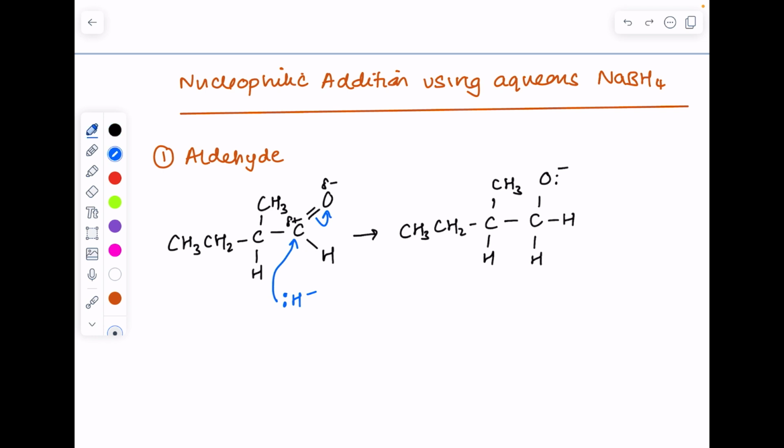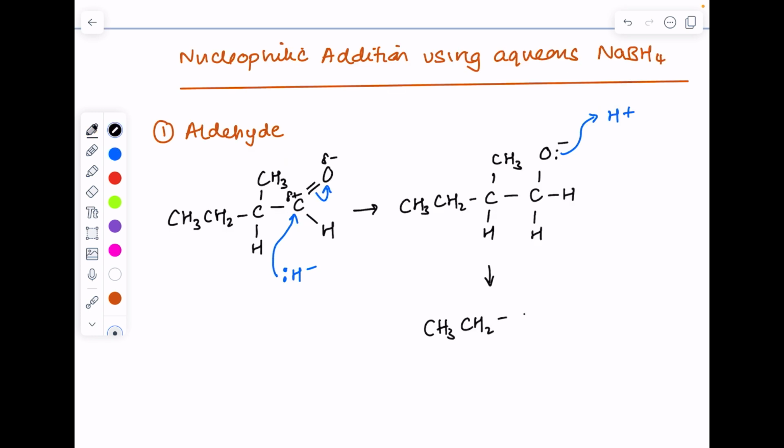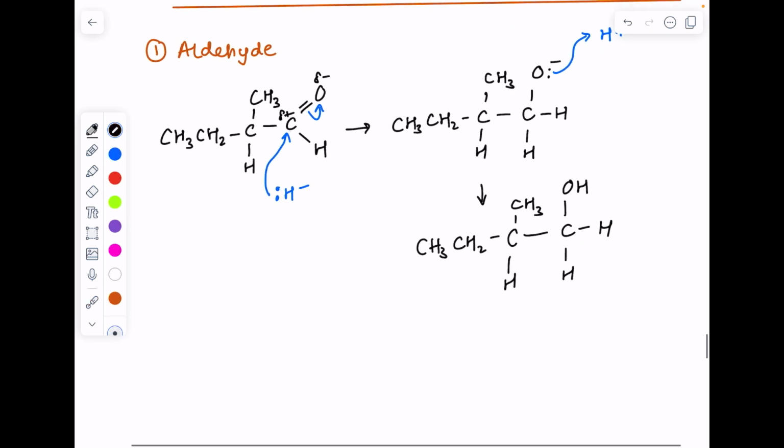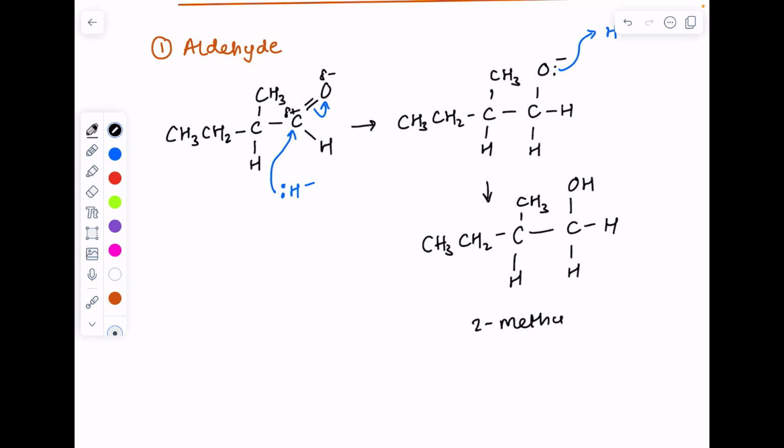Remember, our curly arrows always go from a lone pair of electrons or a bond. That hydrogen now adds itself as an alcohol functional group, a hydroxyl. And therefore, if we look at what we have here, again, we have 4 carbons in a row. We've got a methyl group, alcohol functional group. So the name of this is 2-methylbutanol.